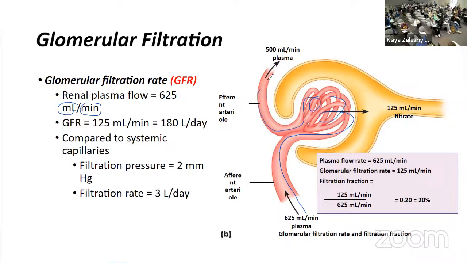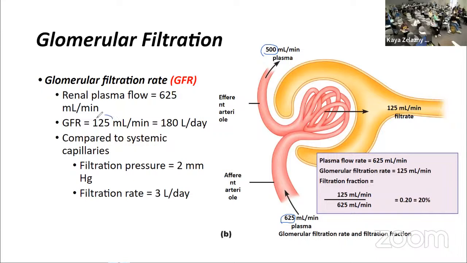And plenty of that blood, that plasma, is going to continue on in the cardiovascular system. It's going to go from our efferent arterioles to another series of capillaries that are lying along the nephron called our peritubular capillaries, okay? So we'll talk about them later. But we do see that the amount of plasma coming in versus the amount of plasma leaving is not the same, okay? So the glomerular filtration rate is just the difference here.